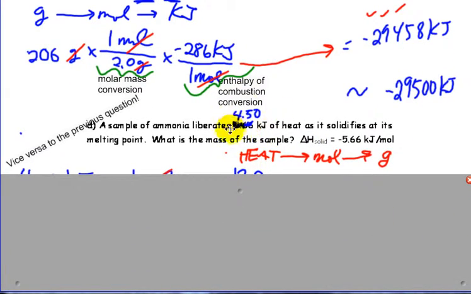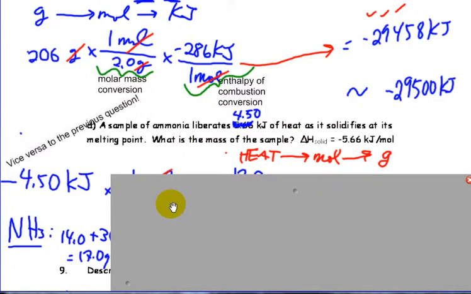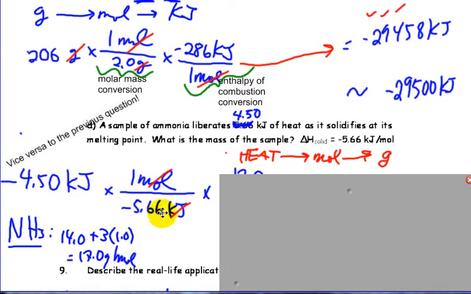So we know how much heat is involved, and it liberates. That means releases, so it's exothermic, so it's technically negative 4.50 kilojoules. And of course, to go from heat to moles, we know the enthalpy of solidification. Negative 5.66 kilojoules are released for every 1 mole.